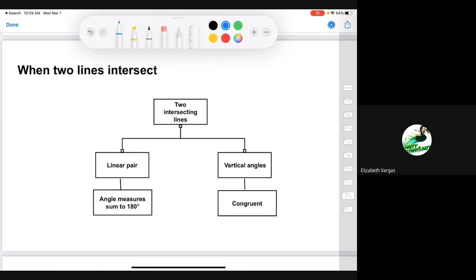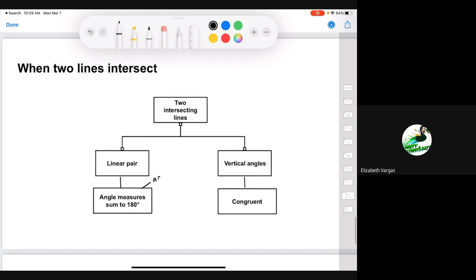So what does this mean? Well, this means whenever we have two lines which intersect each other, we can get either linear pairs or vertical angles like we see here. The linear pairs are those two adjacent angles who have a sum of 180 degrees.